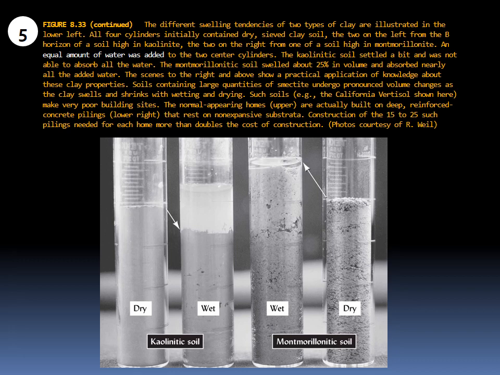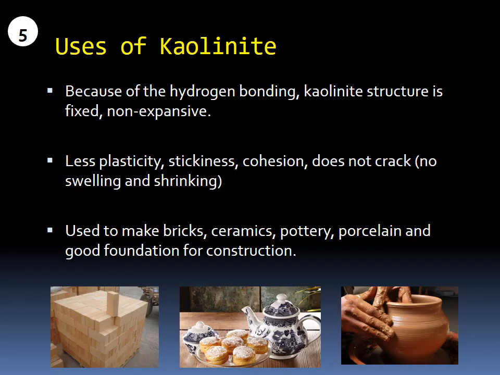That's why we should use these different clays for different purposes, and it can create advantages and disadvantages. If you look at Kaolinite, for example, because it is a non-expanding type of clay due to the hydrogen bonds, it has properties like less plasticity, less thickness, less cohesion, and it does not crack.